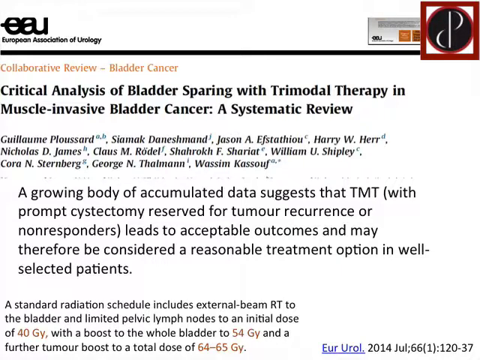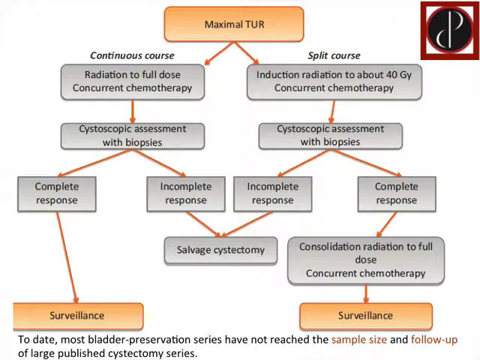So basically, they give 40 gray to the area of bladder and lymph nodes to start. Then they boost the bladder with 54, and then boost the tumor with 60. So you can do maximal TUR, and then start chemotherapy, and then radiate patients, and then reassess the patient with cystoscopy, go for surveillance, or salvage cystectomy, which should be considered.